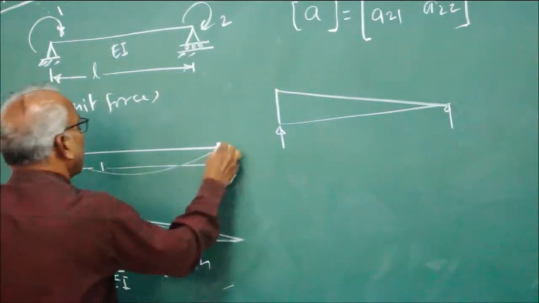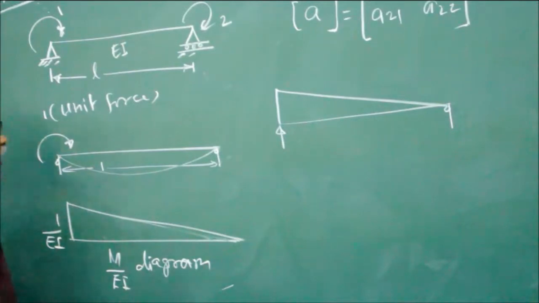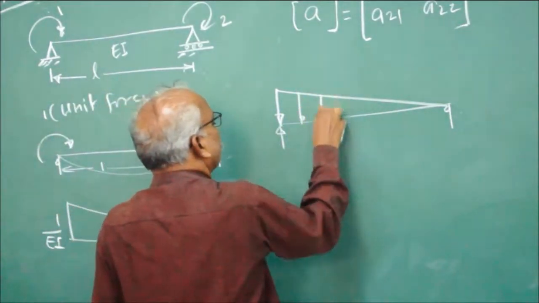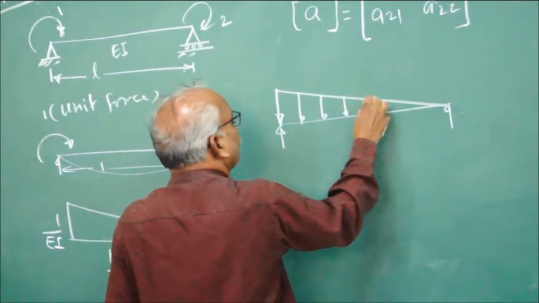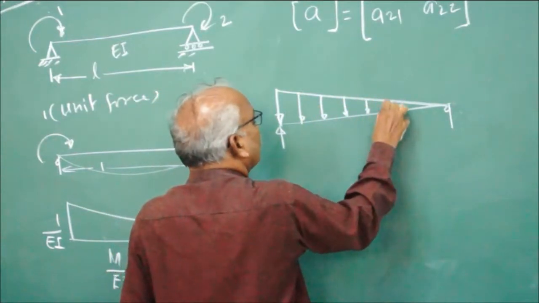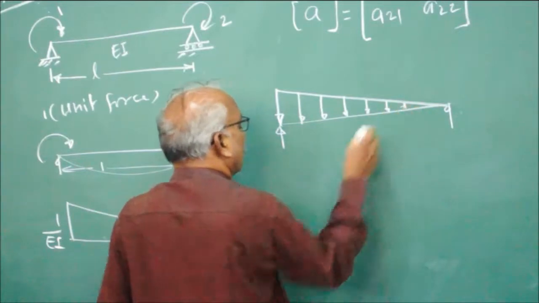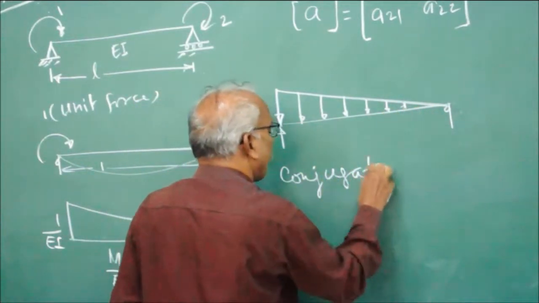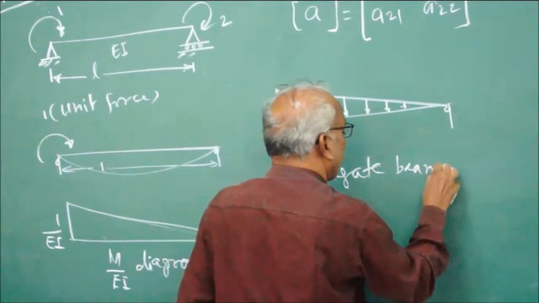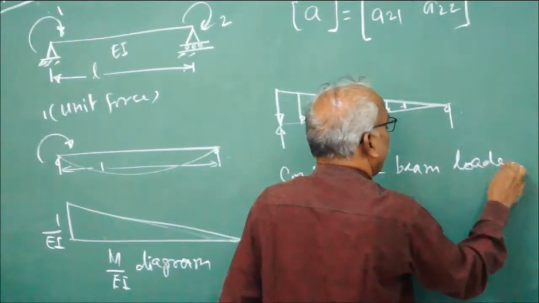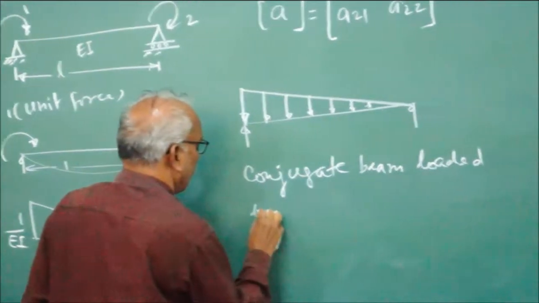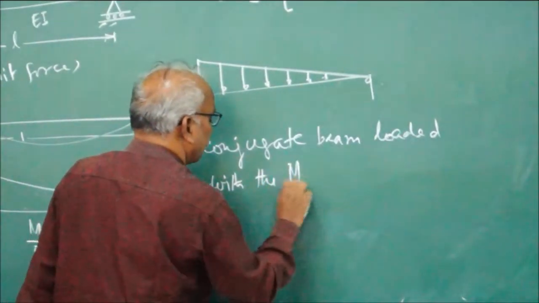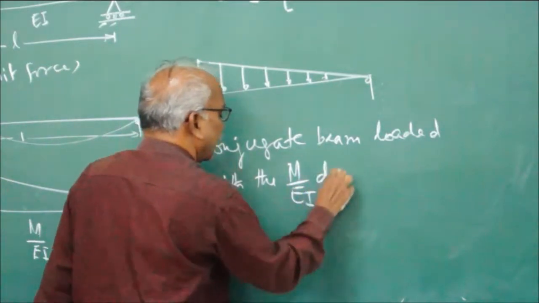Therefore, the load will be downwards. The conjugate beam is loaded with the M by EA.